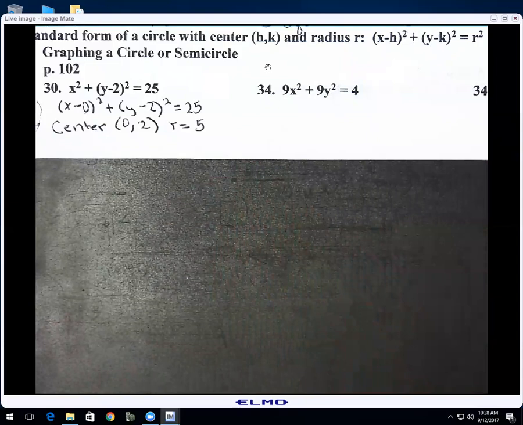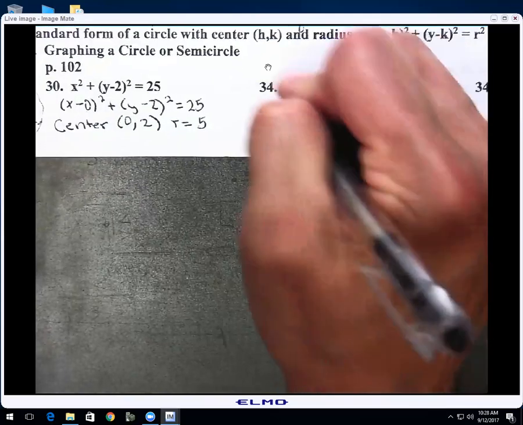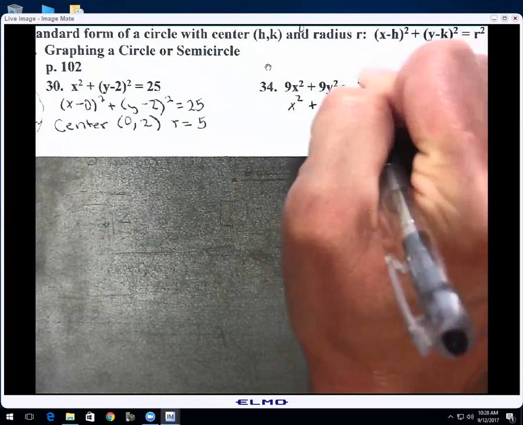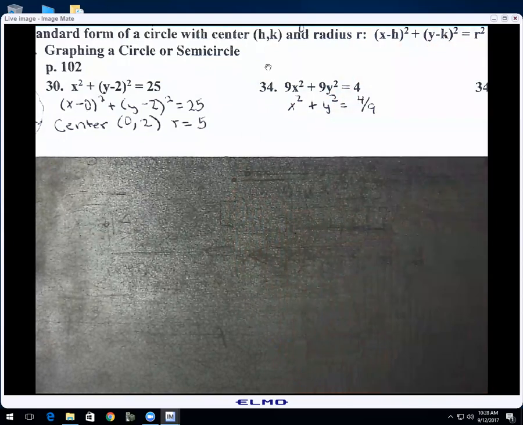Pull out a 9. If I pulled out a 9, what could I do with it to get it off the left-hand side? It's multiplied, so you get rid of it by dividing. You could just divide both sides by 9. If you divided both sides by 9, you'd have x squared plus y squared equals 4 9ths.